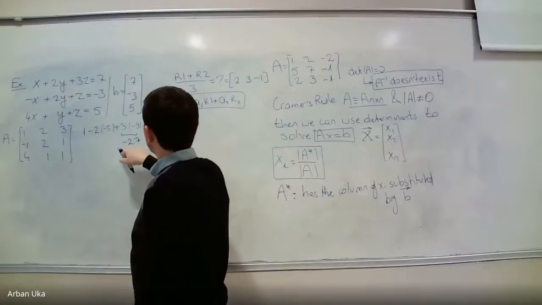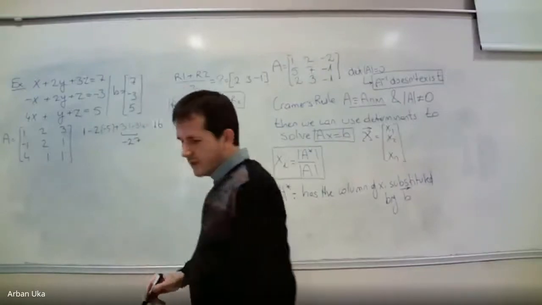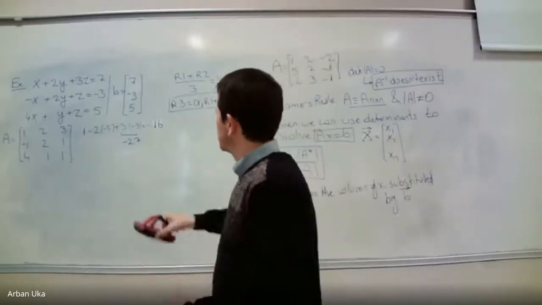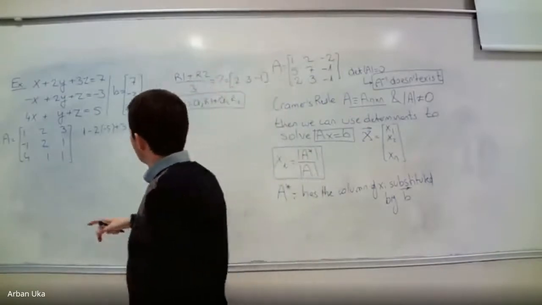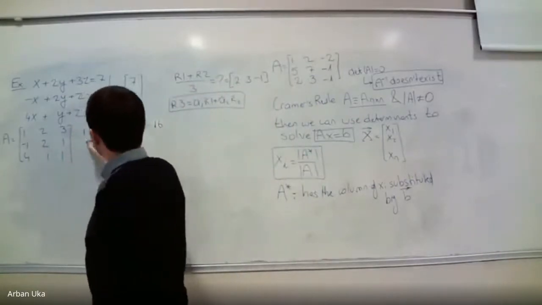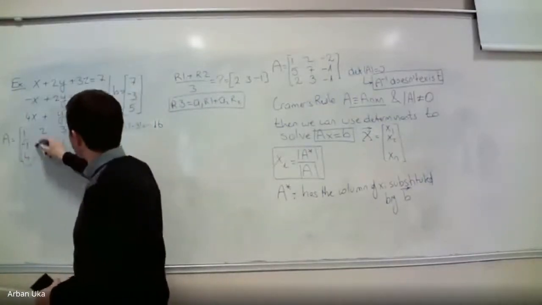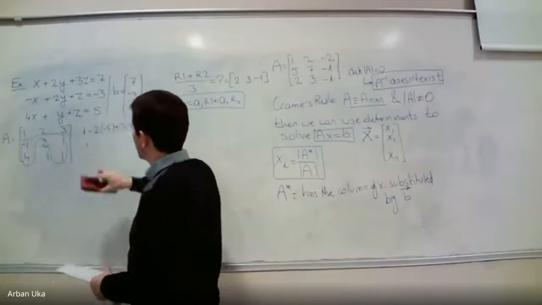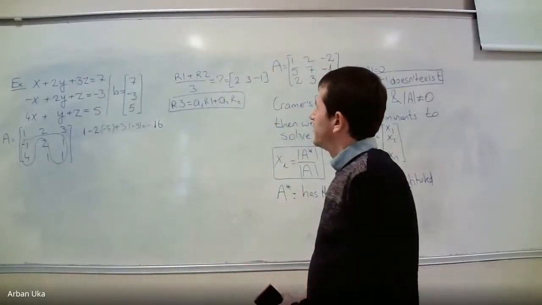No, minus 27 plus 10, minus 6, 17. Professor, it is minus 16. Minus 16, yes, that's correct. For a moment I was considering multiplying with 3, but that was a mistake. So the determinant of this A is equal to minus 16.